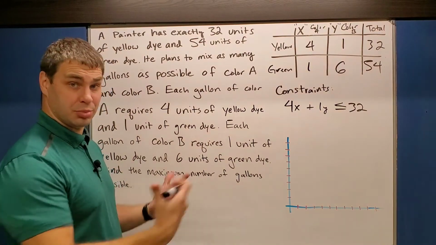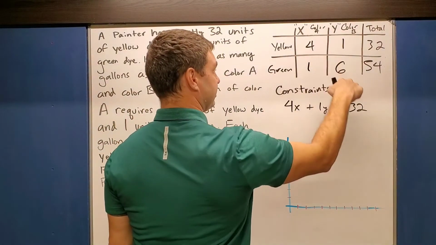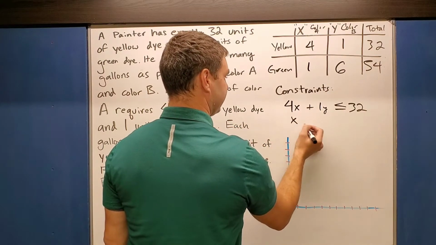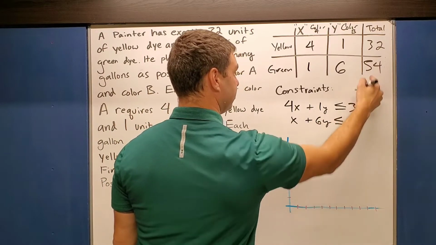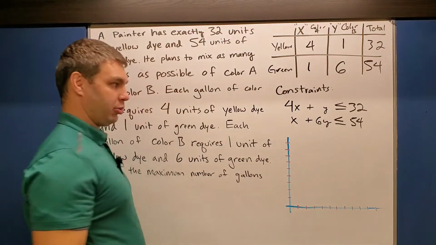That means no more than 32. Same idea for the green: 1x plus 6y is less than or equal to 54. I can just say x plus 6y is less than or equal to 54, and I can also say just y instead of 1y.